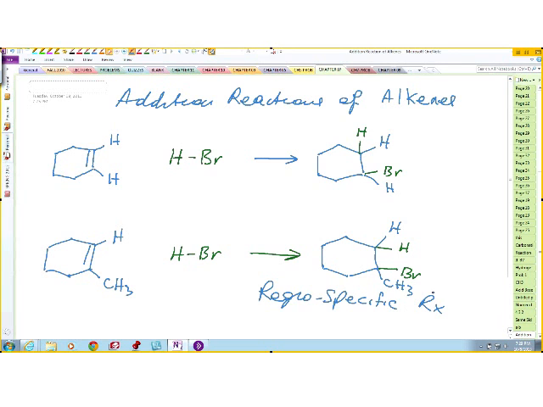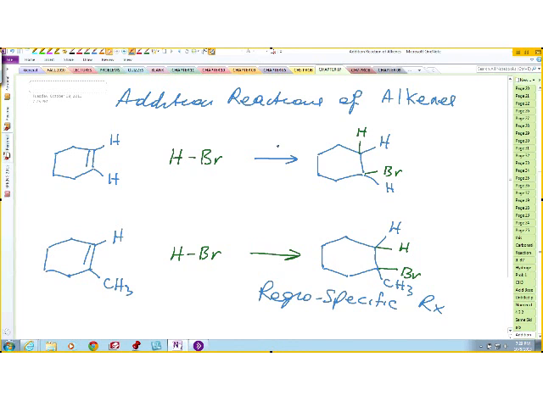So adding the hydrogen and bromine takes off the double bond, right? Yes, in other words, addition reaction. Once you add, the double bond is gone. You go from sp2 carbon, you get sp3 carbon. Yes, regio-specific reaction, because the reactant, in this case hydrogen, goes to a particular position on the carbon-carbon double bond.